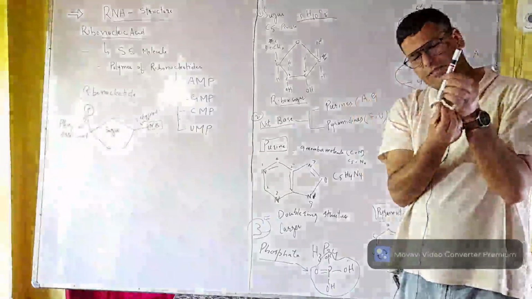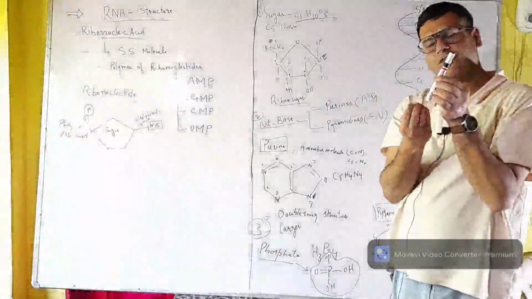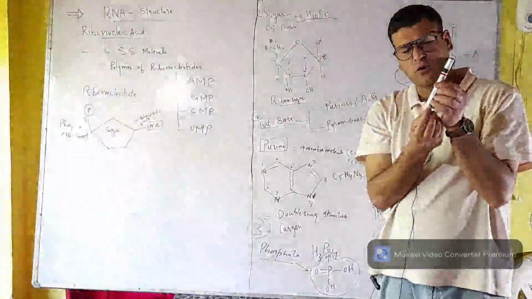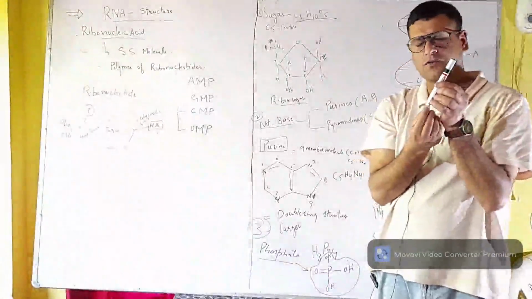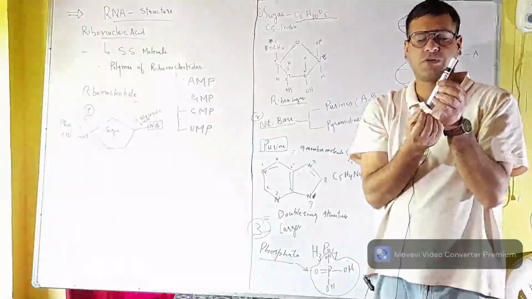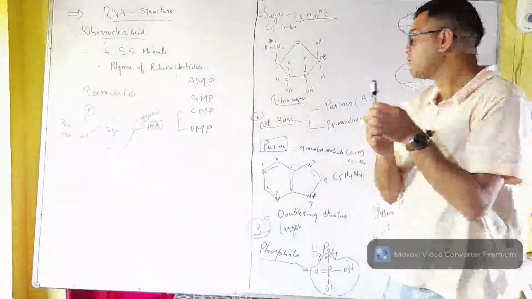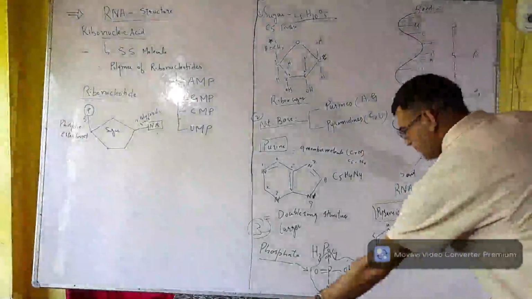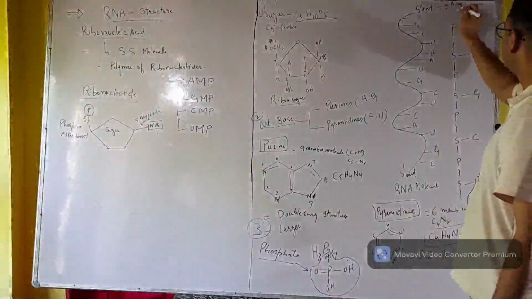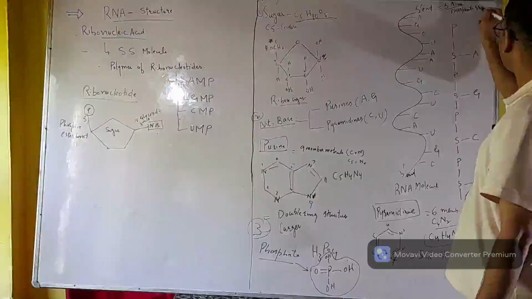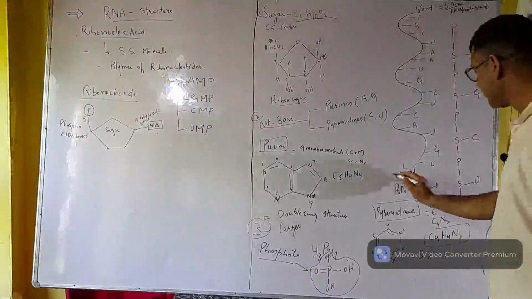And now we have got the 3' end. This 3' end, it is called as 3 prime. That means the hydroxyl group which is present at the carbon third of the sugar is free at this end. So here we can see this is the 5' end, phosphate group here, and at the 3' end we have the hydroxyl group.